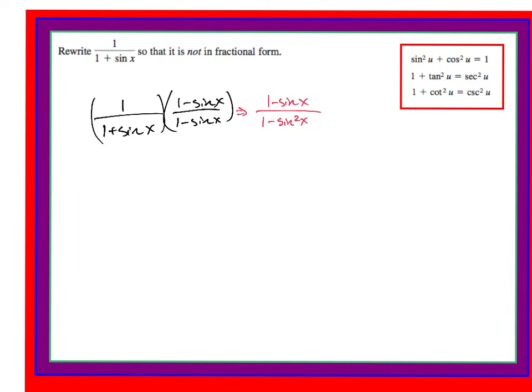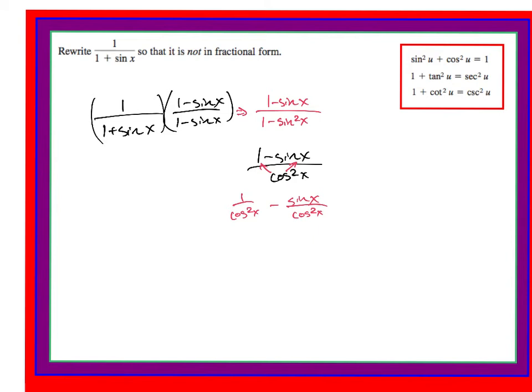So now I have 1 minus sine x over cosine squared x. However, it's still a fraction. So we need to distribute dividing. I have a monomial on the bottom, so I can distribute dividing. Now I have 1 over cosine squared x, minus sine x over cosine squared x.